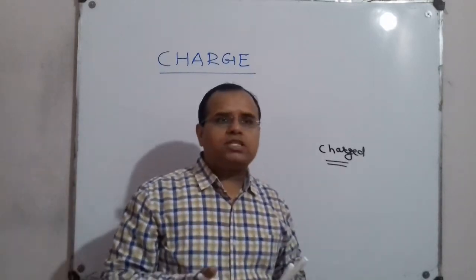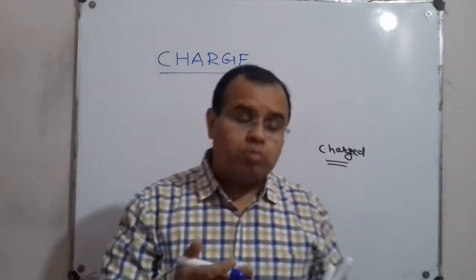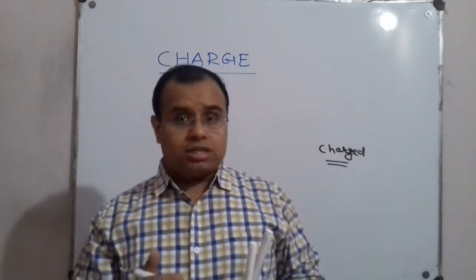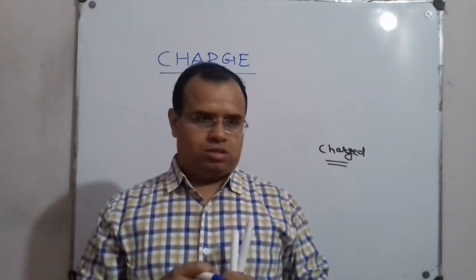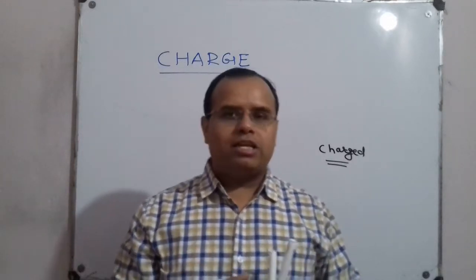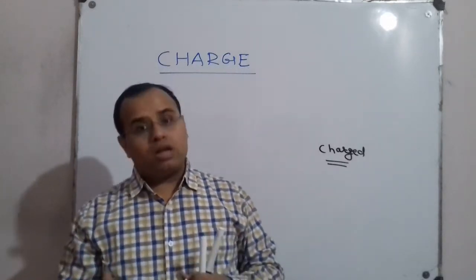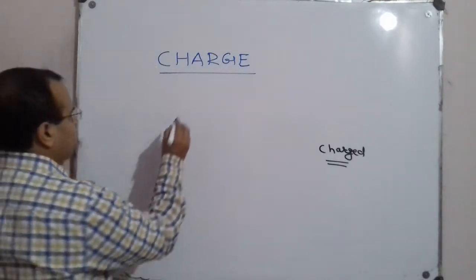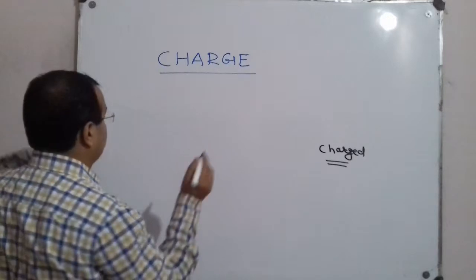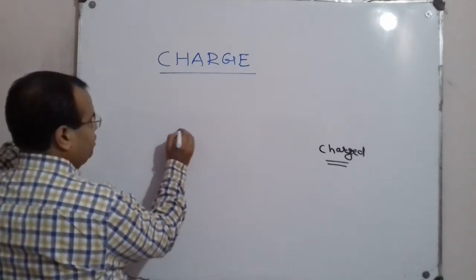When the object acquires charge, it starts attracting or repelling other charged or uncharged bodies. So charge is a property of an object.